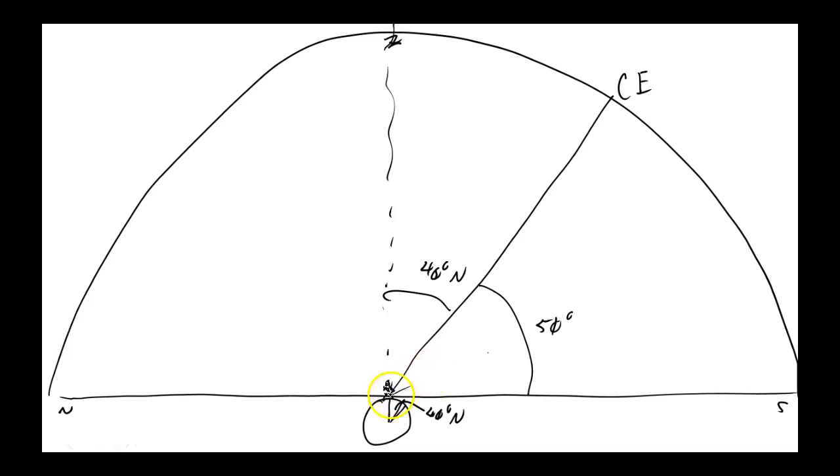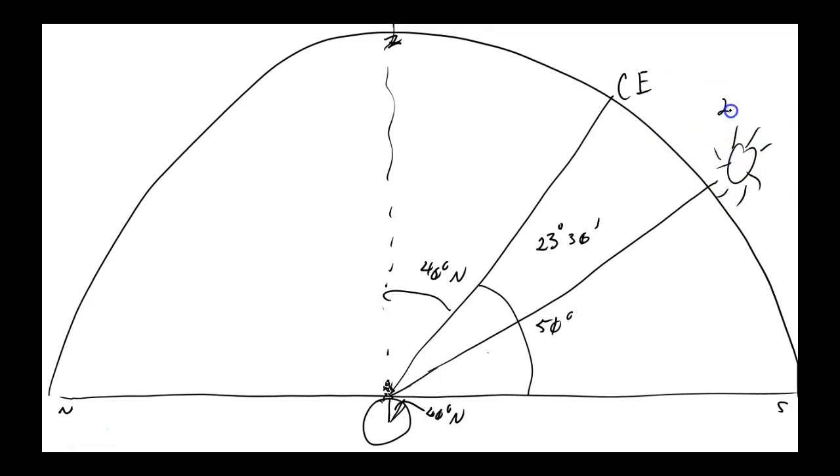That's going to be almost half of this. So this will be 23 degrees, 30 minutes below the celestial equator. This is on 21 December. So what will be the altitude of the sun above the southern horizon that day?